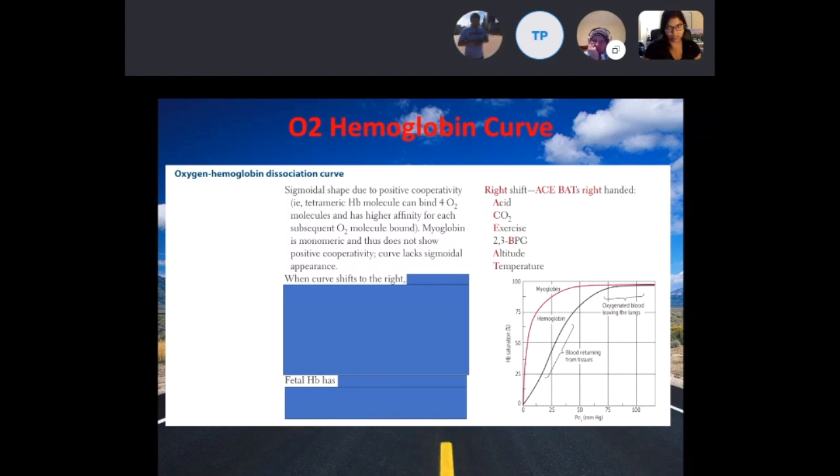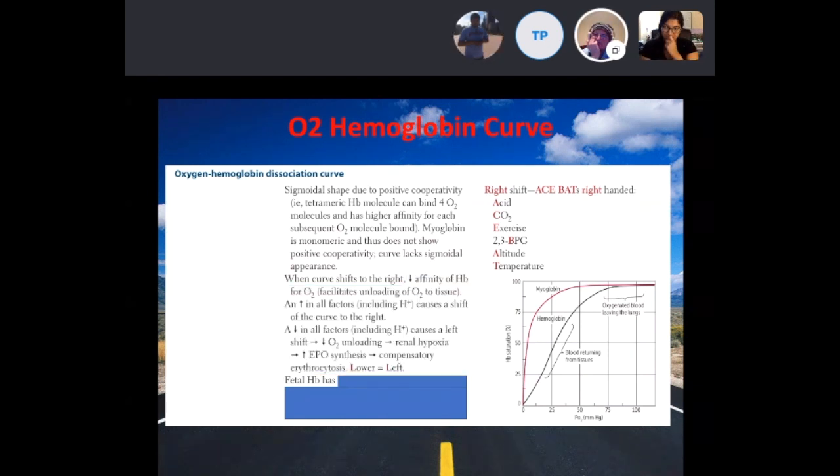So it goes that way. Because aren't you shifting more P50? Isn't the P50 increasing? Yes, the P50 would be increasing, because you need a higher oxygen amount to maintain that saturation point.